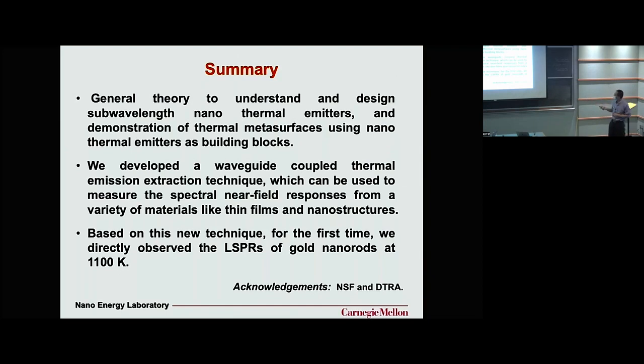We demonstrated 2 experiments. One is an ITO thin film, the other is a gold nanorod array. Also based on this technique, we can for the first time measure the localized surface plasmon resonance of gold nanorods at 1100 Kelvin. Finally, I want to acknowledge my students and also funding support from NSF and DARPA.